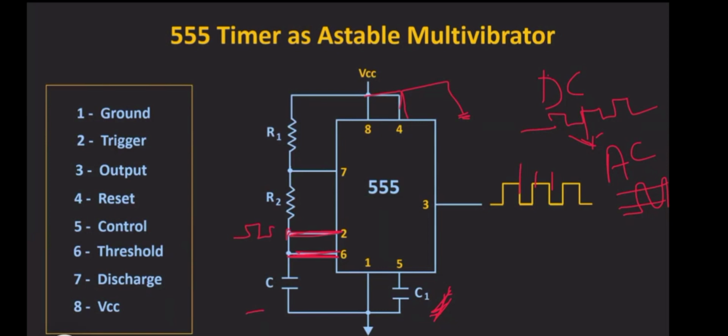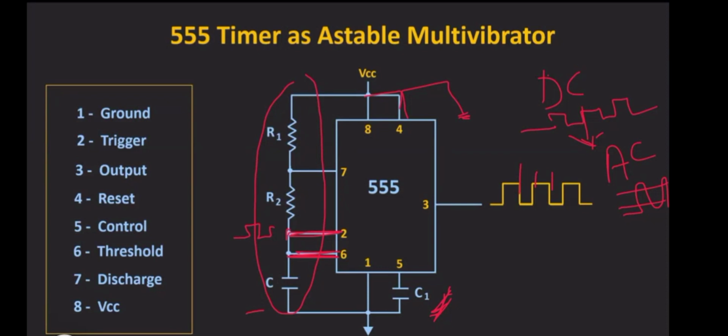So the external circuit connected in astable mode of operation is R1, R2 as well as C. The connection 6 and 2 will be short circuited and given to the capacitor, and R1, R2 act as a divider circuit.